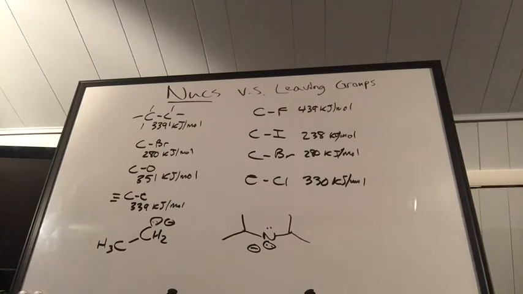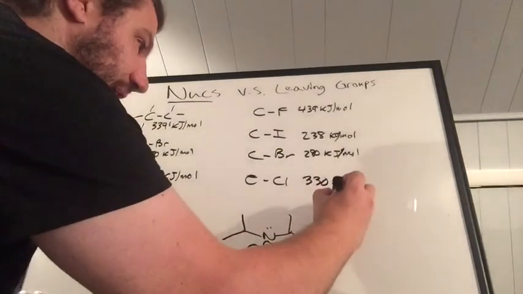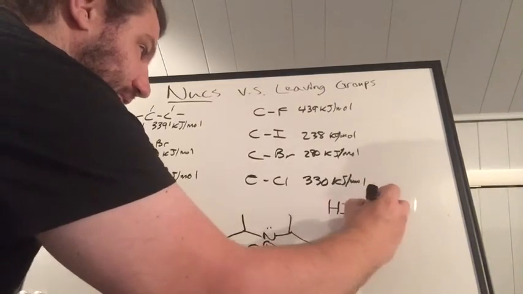So in general, the more basic the species, the stronger the nucleophile. Okay, the more acidic the species' conjugate acid, the better the leaving group. Okay, so HI, for instance, is going to have a pKa of around -10.